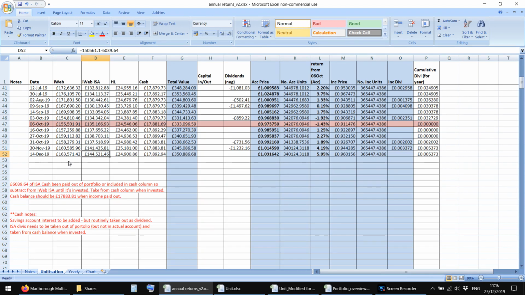Each time I put in a value for the ISA from the website, I subtract that, and at some point, when I do my switcheroo, where I sell something outside of the ISA and buy something inside of the ISA, that number will reduce to reflect the amount of cash in the ISA that in my portfolio unitisation has already been paid out in dividends.